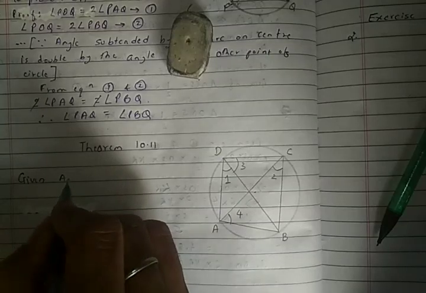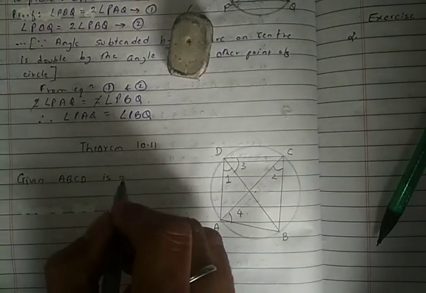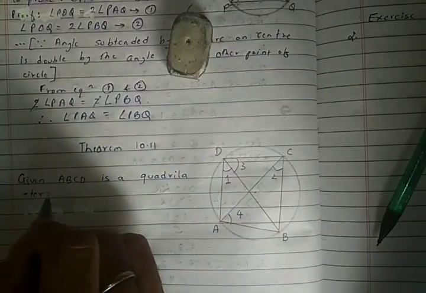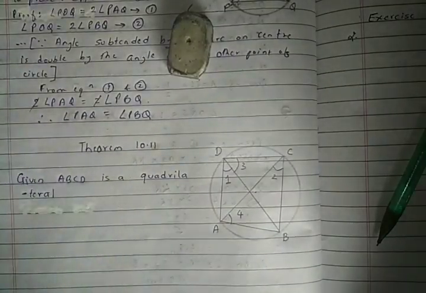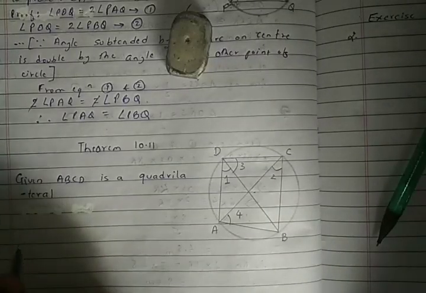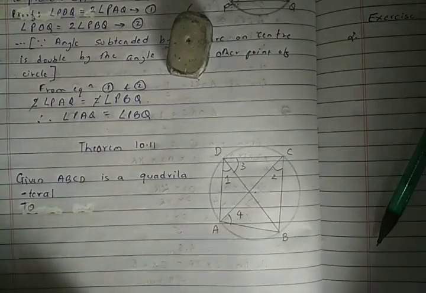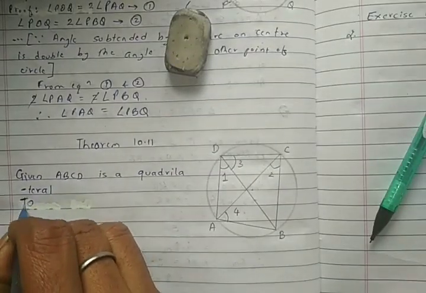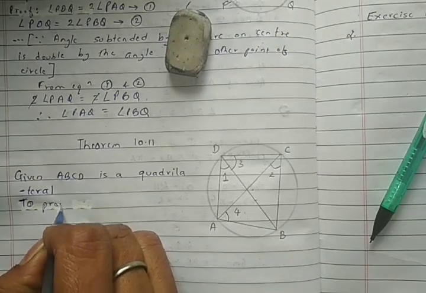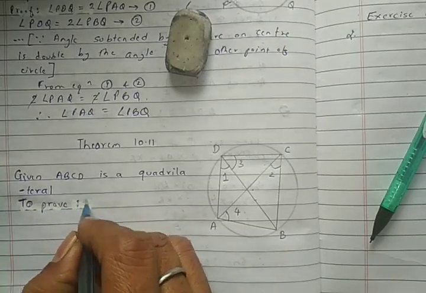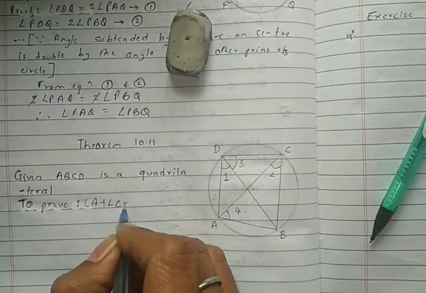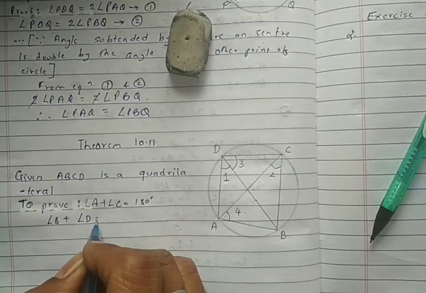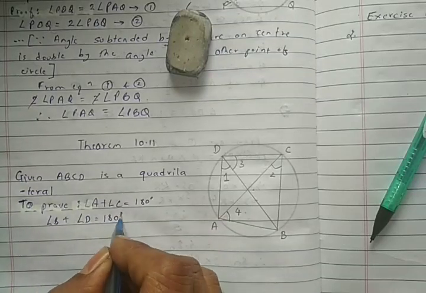Given ABCD is a quadrilateral and we have to prove angle A plus angle C equal to 180 degrees and angle B plus angle D equal to 180 degrees.